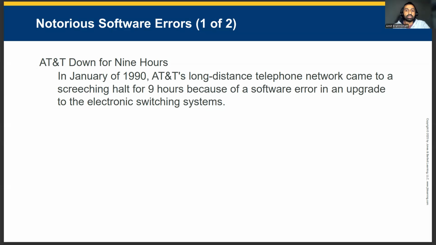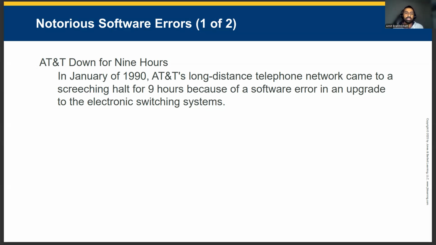Notorious software errors. AT&T down for 9 hours. Here we recall a major software failure that occurred in January of 1990 when AT&T's long-distance telephone network crashed and remained down for 9 hours.